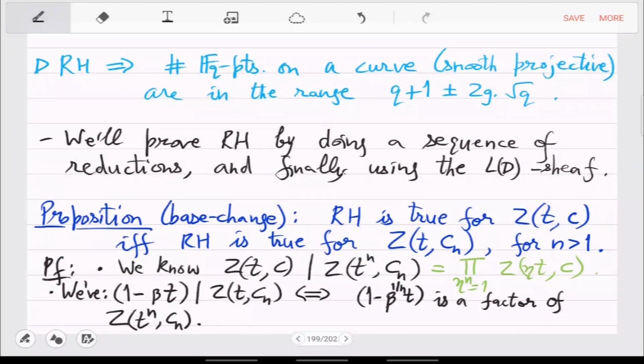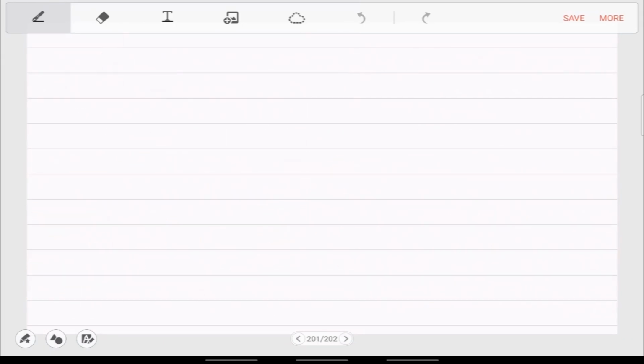So that is one reduction. What happens when you do base change? Riemann hypothesis should be true in an equivalent way. The second proposition is now about another kind of reduction.